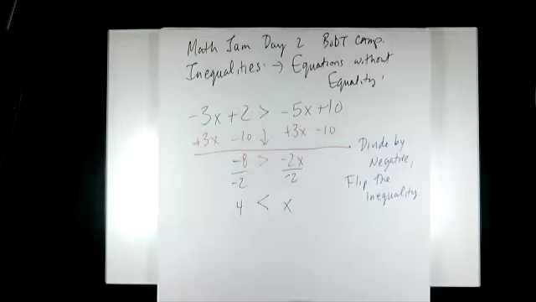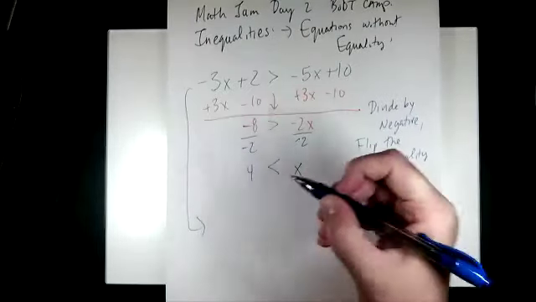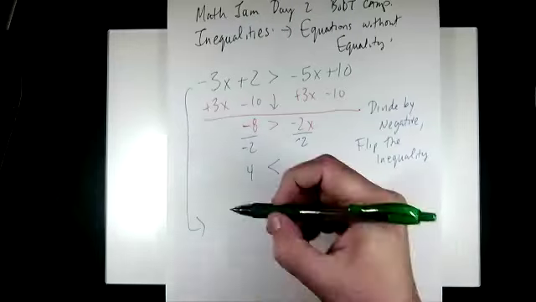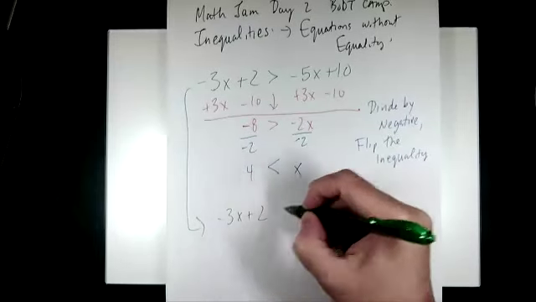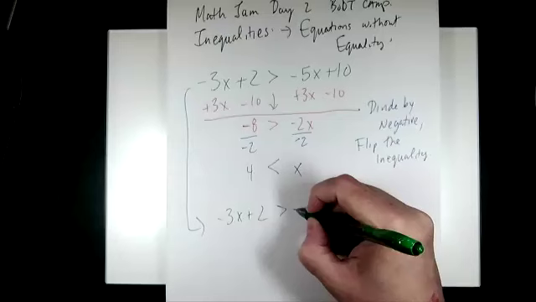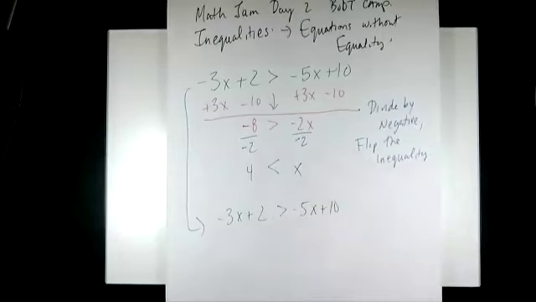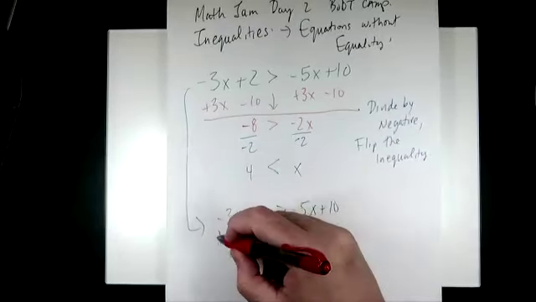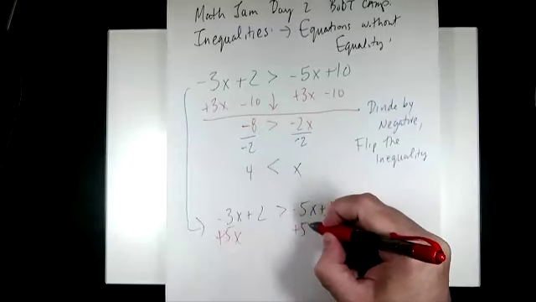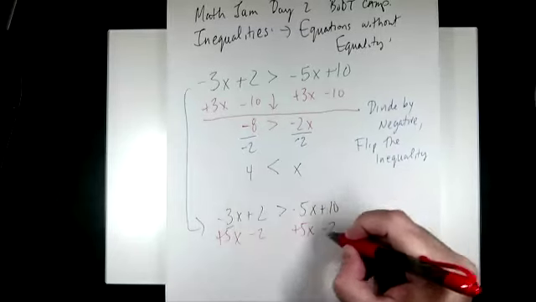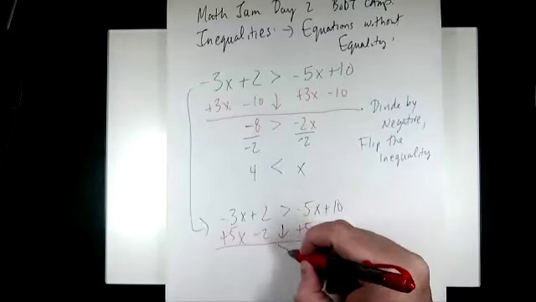And let's say we solve this the other way real quick. And now we'll add 5x to both sides. Move everything to the left, the variables to the left, the constants to the right.